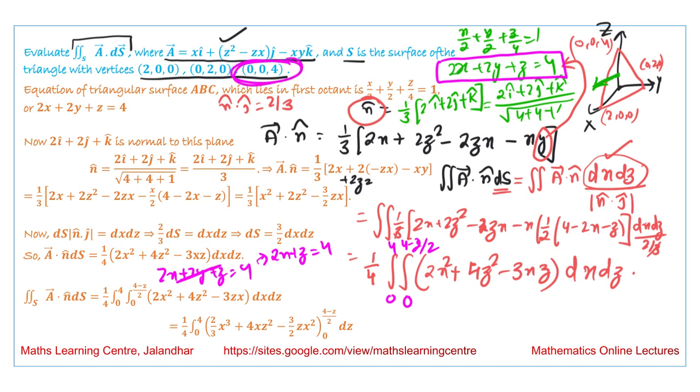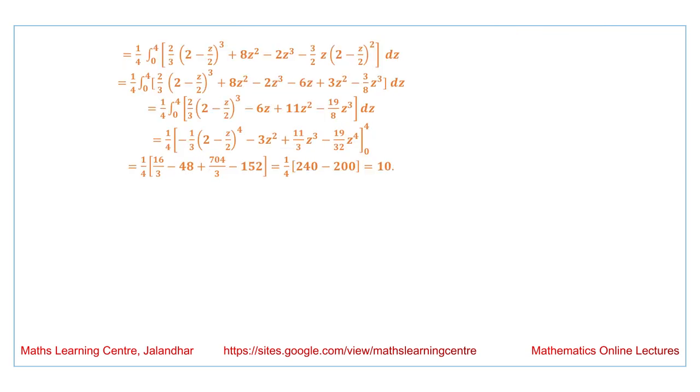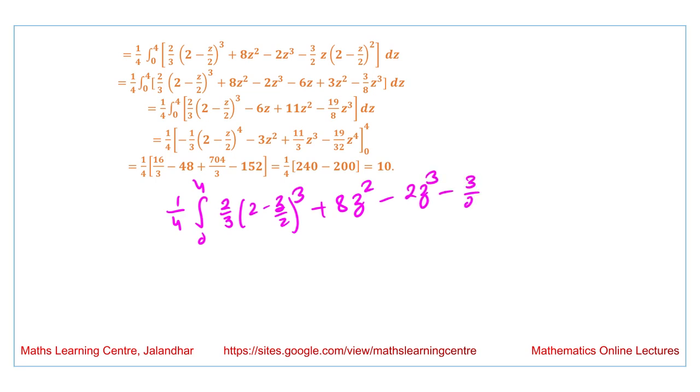If you substitute these limits, the answer you will obtain is 1 by 4 integration from 0 to 4 of 2 by 3 into 2 minus z by 2 cube plus 8z square minus 2z cube minus 3 by 2 z into 2 minus z minus 2 square, times dz.